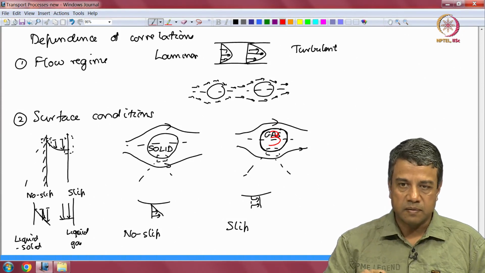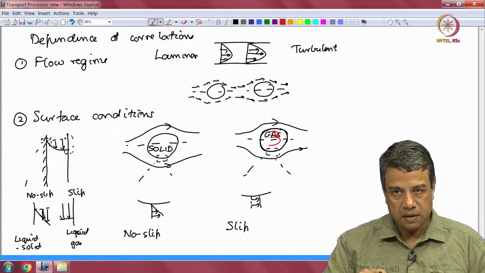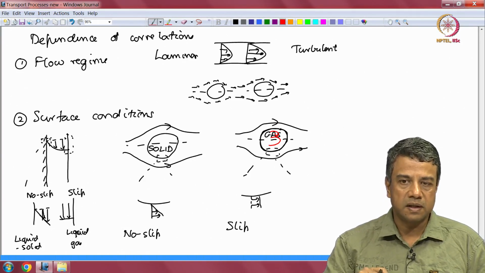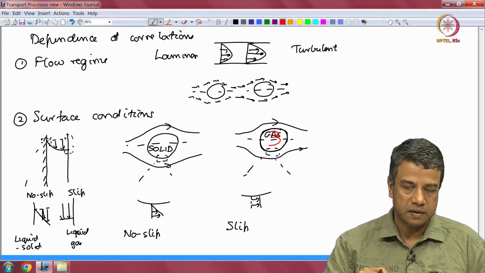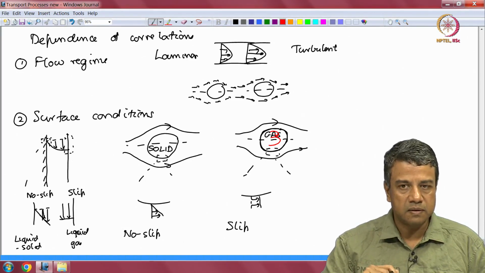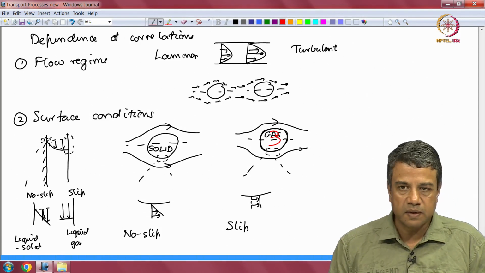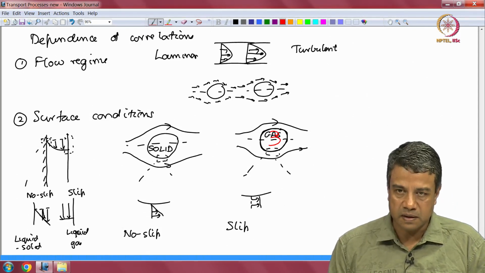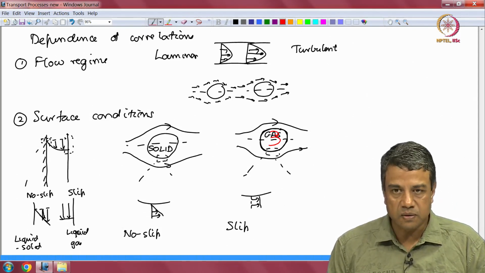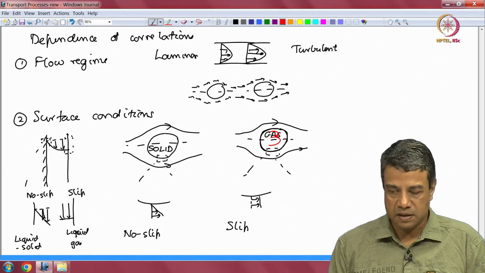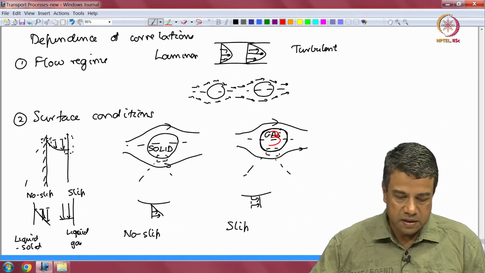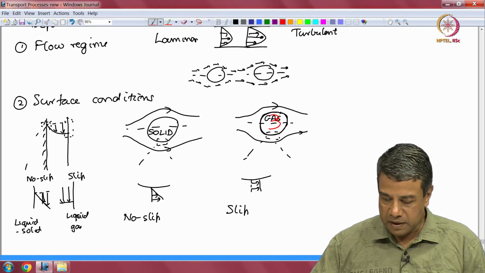Of course, if the bubble is impenetrable, then the velocity has to be 0 in the direction perpendicular to the interface. But in the direction parallel to the interface it can be non-zero. So, the difference between the slip conditions and the no slip conditions at the interface also affects the transport rates in this case. So, these are the different factors determining the nature of the correlations.